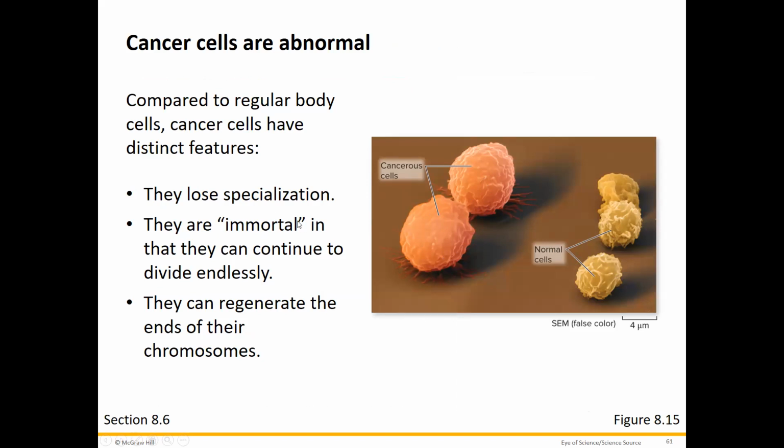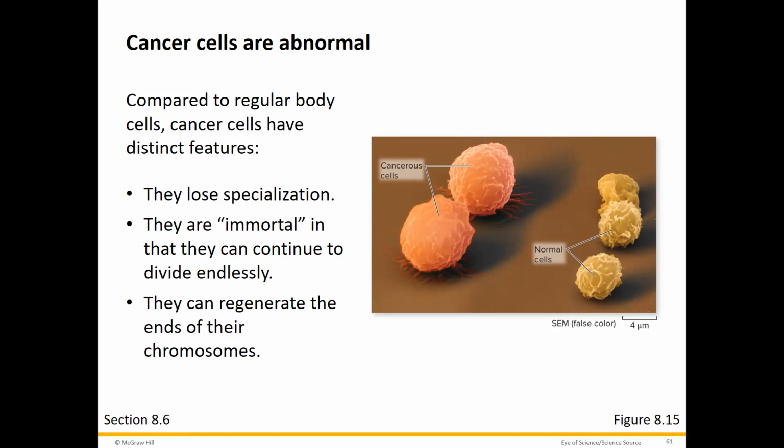So when we say they lose specialization, remember when we were talking about differentiation, when you were a one-celled organism and then you all of a sudden were able to have bones and muscles and heart and nervous tissue, you gained a specialization, but cancer cells lose that specialization. They are just general cells that reproduce and wreak havoc in the body.